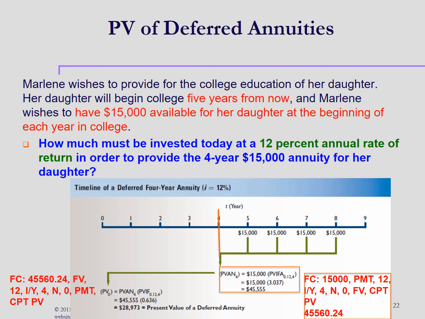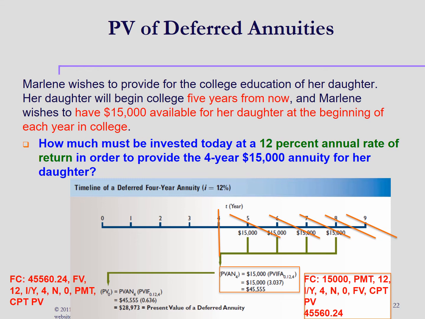Second, the value we just obtained from step 1 is the equivalent value of the 4 future annuity payments, so we can disregard all those 4 future payments.